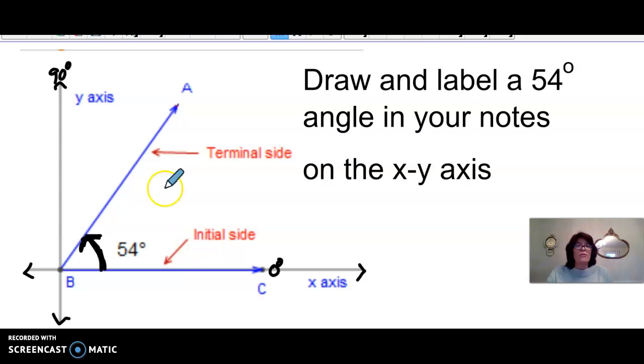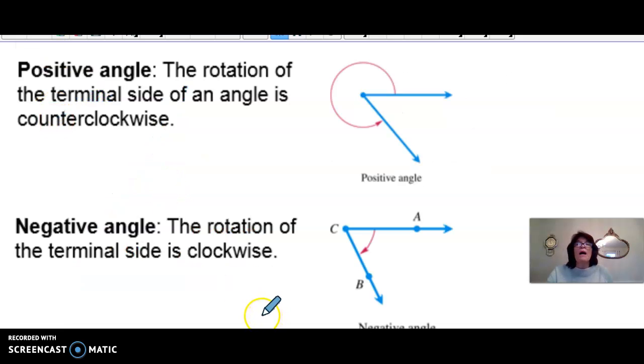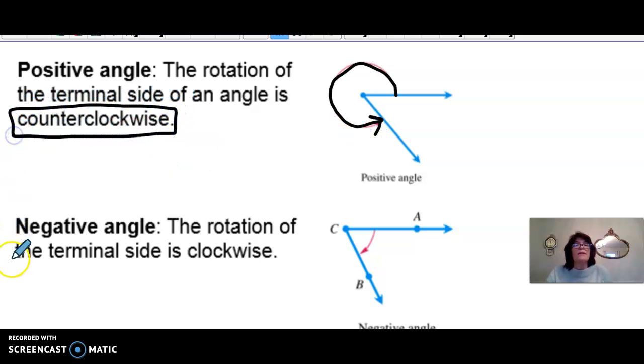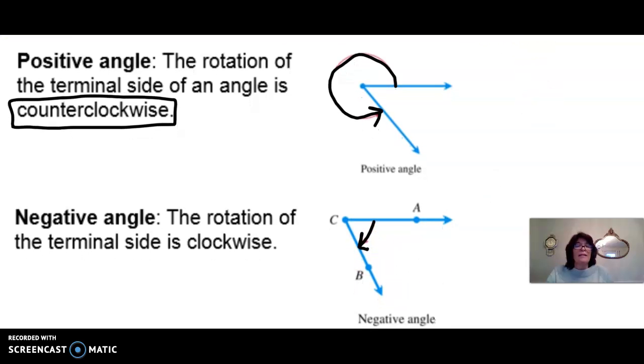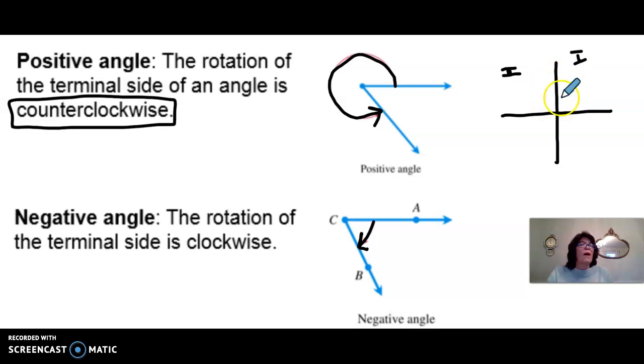Okay, initial side, terminal side. A positive angle is when I start at the initial side and I go in a counterclockwise direction. Counterclockwise will show a positive angle. Otherwise, I start on the positive x-axis, and if I go in the clockwise direction, it's a negative angle. For me, I don't really think of it as clockwise or counterclockwise. I'm thinking to myself, well, I know that in quadrant 1 and 2, those are positive y values, right?